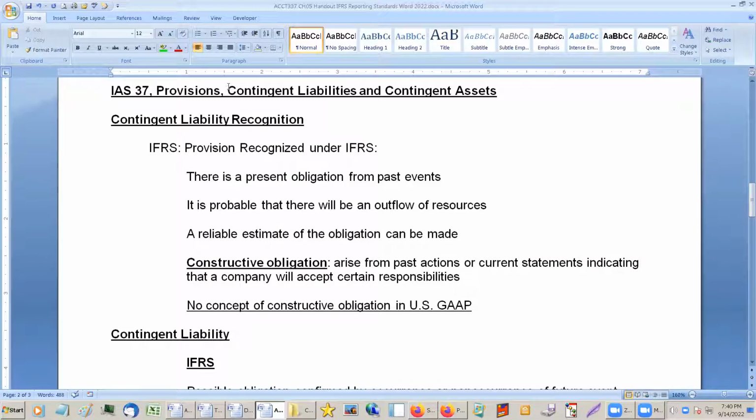Contingent liabilities. And some of this is because some of the differences between these are kind of like the differences in the legal system of international versus the United States.